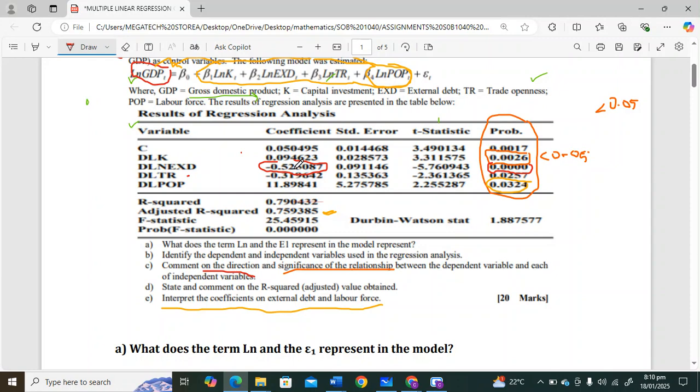That's the interpretation of the coefficient. If external debt increases by 1 unit, 1%, GDP will reduce by 0.525%.